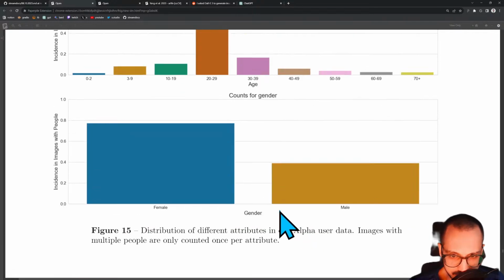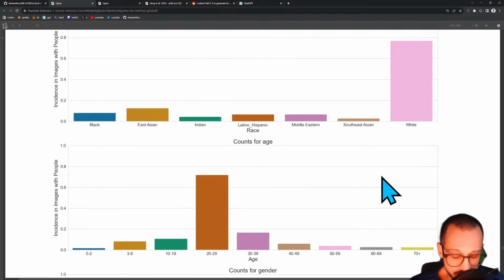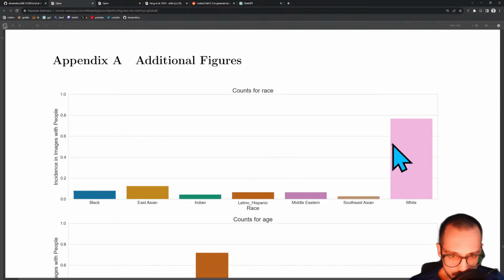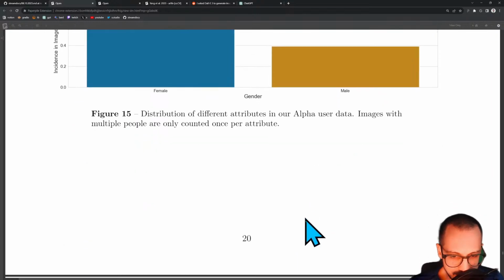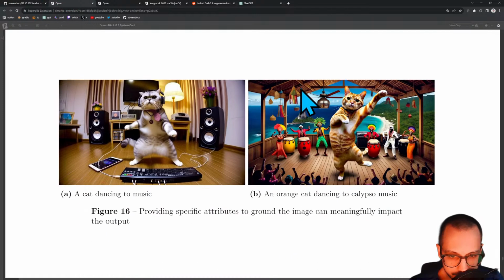So I don't know. I think the safety people think that this is not good, and they would like to see a world where all of these are much more even, and therefore they add this extra filter, and then they add these type of system prompts such that it's more in line with the kind of equitable view of the world that they have.